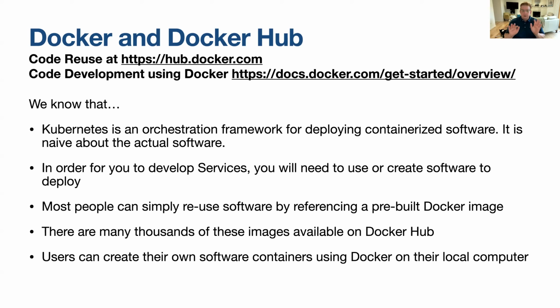And you can make your own using Docker on your local computer. So if you want to reuse the code, you would go browse available containers at hub.docker.com. If you want to develop your own, which you probably will to some degree, you would go to docs.docker.com, get started.